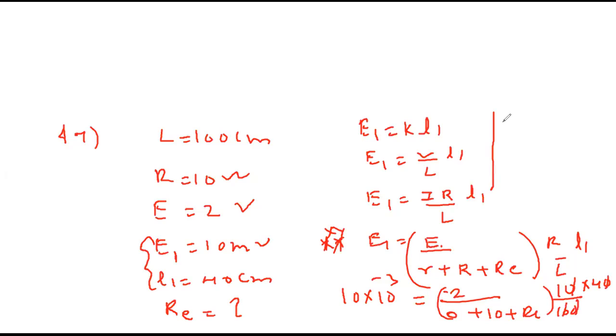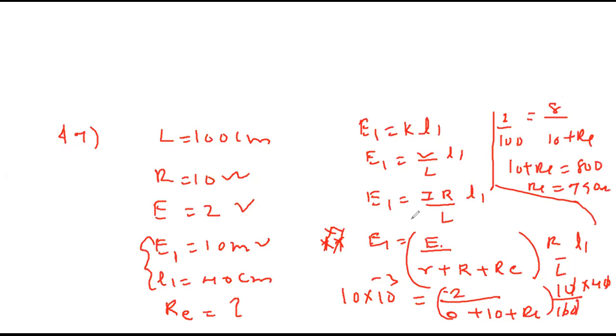So I get like this. This is 10 raised to minus 2, that means 1 upon 100. 2 into 4, 8 upon 10 plus external. So 10 plus external is 800. That means external is 790 ohm. Done. 790. Clear? Yes, sir.